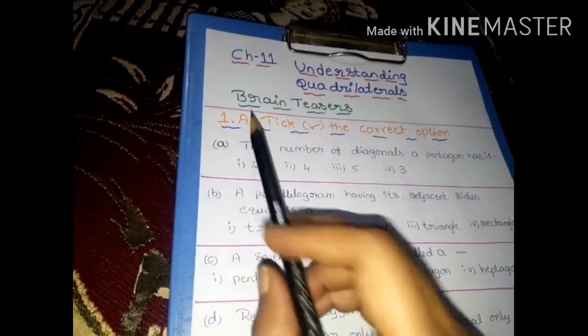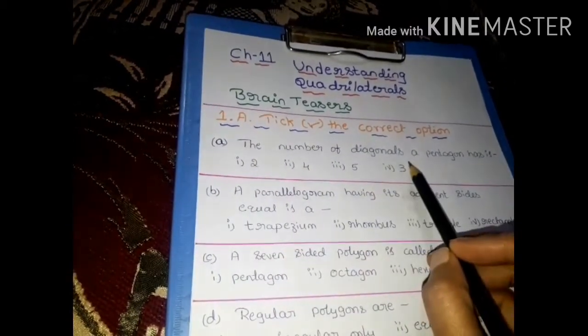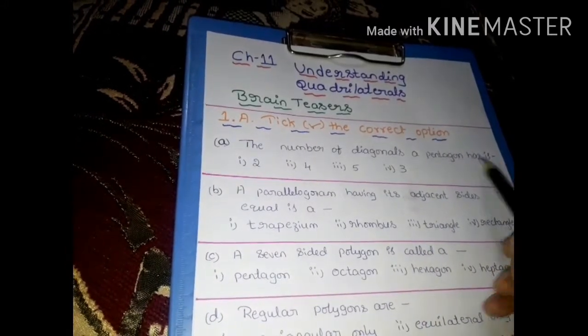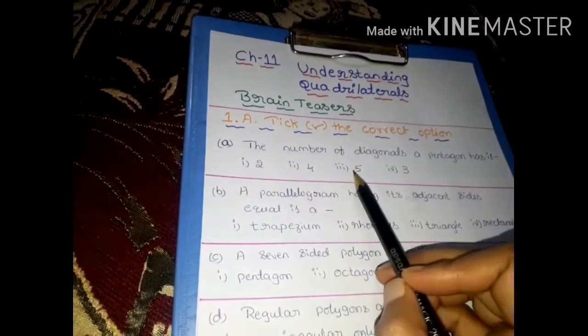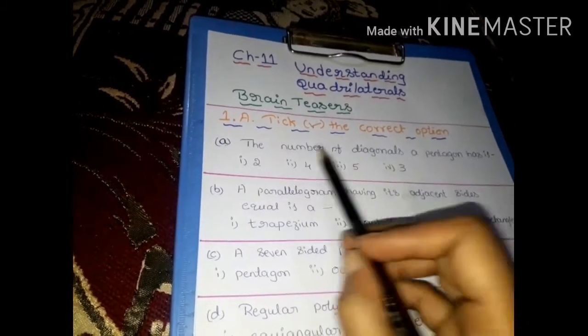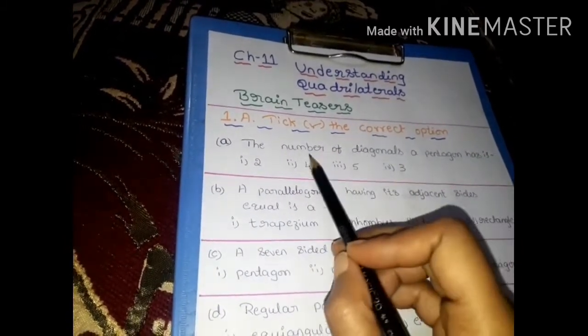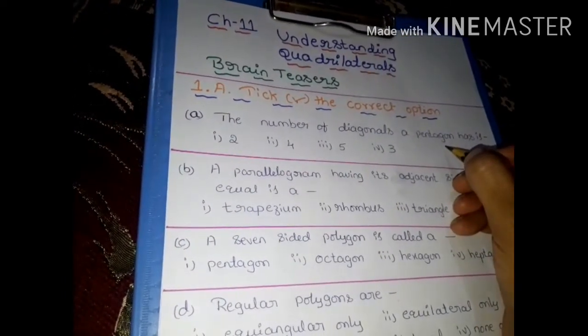Under A main, the number of diagonals a pentagon has. The options given are 2, 4, 5, 3. Here you have to find the number of diagonals a pentagon has. While solving worksheet 1 you already studied pentagon, hexagon, heptagon, all regular polygons.